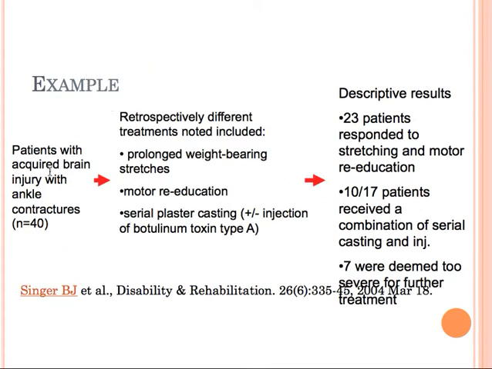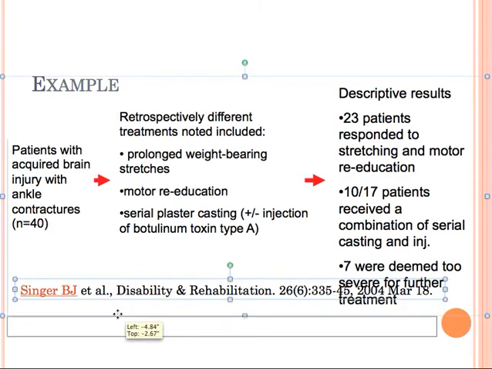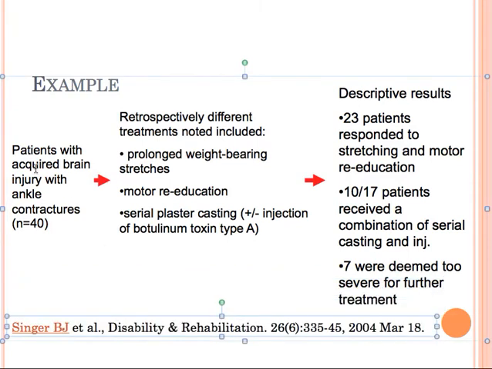In this particular example, they documented the outcomes associated with patients with a severe acquired brain injury with ankle contractures. Essentially, they documented their range of motion before and after treatment, and then retrospectively went back and documented the different treatments that they had received, and grouped the people into different groups.